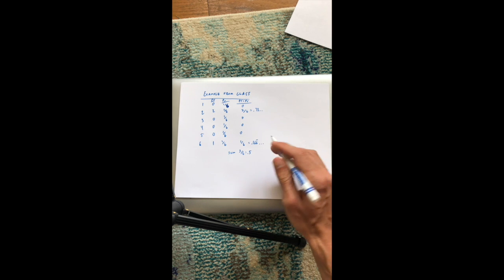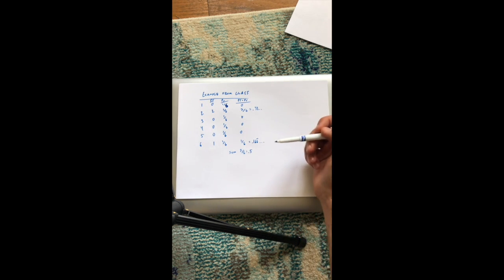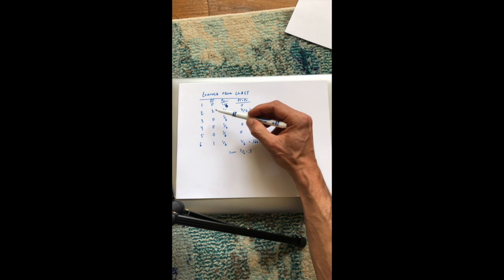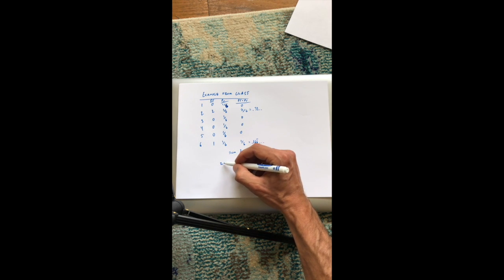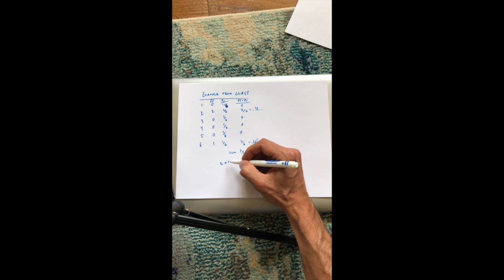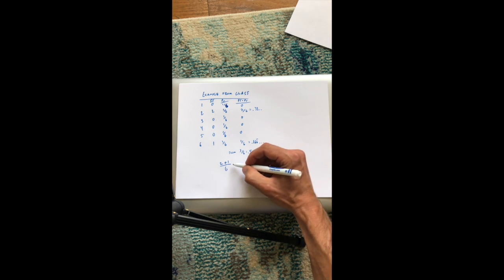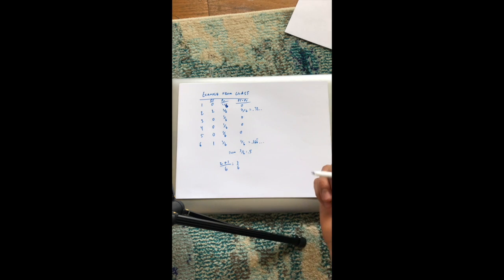That's our expected value. But then someone said, well, hey, why do we have to do all that? Because I can just do 2 plus 1, which is 3, and then divide that by 6, which gives us 3/6, which is a half.